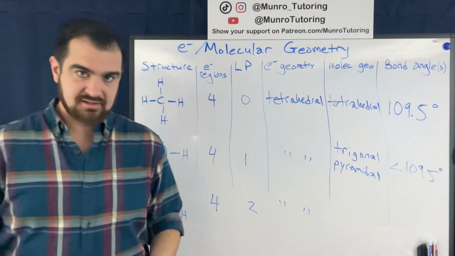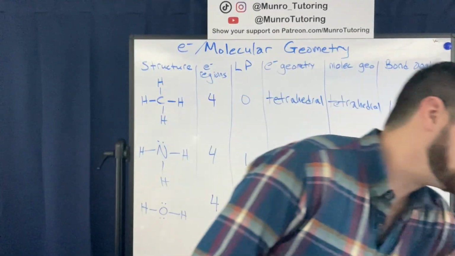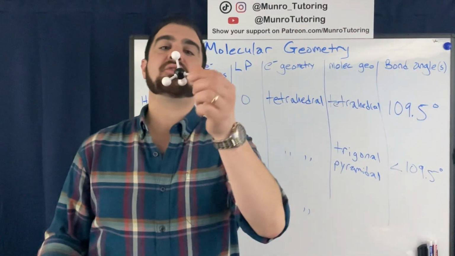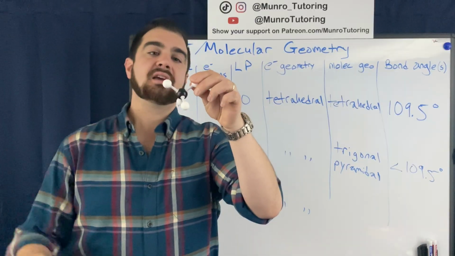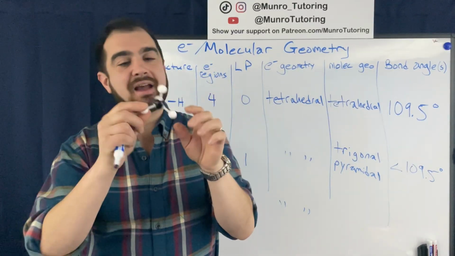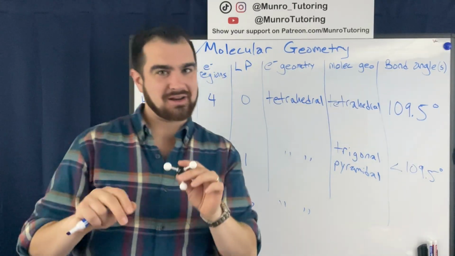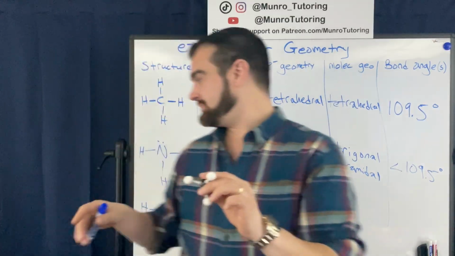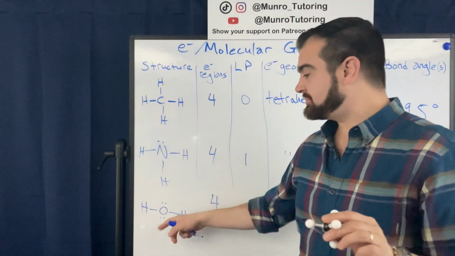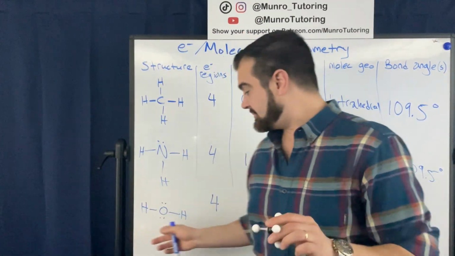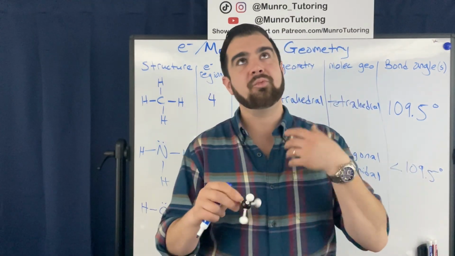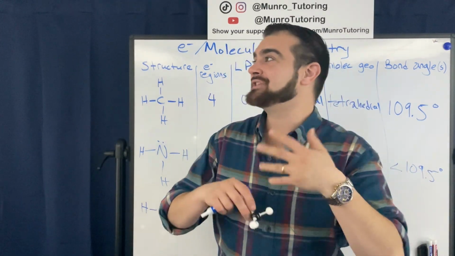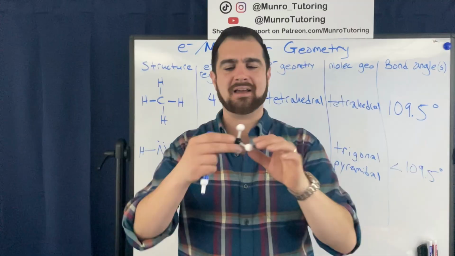And now the thing is, if we have a shape that starts off as tetrahedral, but then 2 of the electron regions are the invisible force of a lone pair, because they have the same push, if not stronger than another atom bonded, it's like an invisible atom taking up space, but it's not an atom, right?